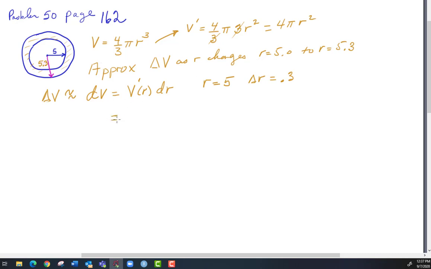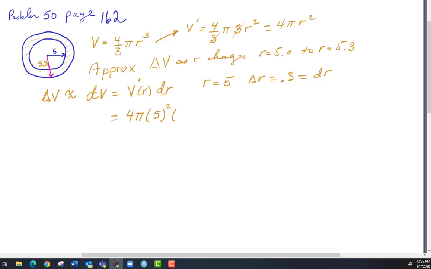So now we can fill in here, and instead of symbolically having V prime, we can say 4 pi, R is 5 squared, and then times the dr, and the dr, of course, is equal to delta R, because R is the independent variable.